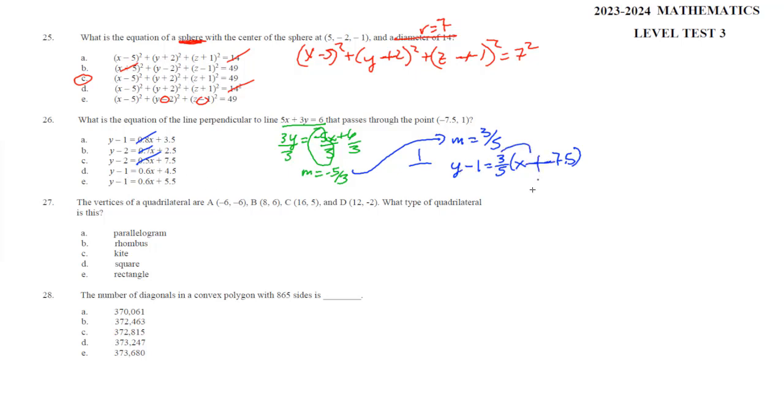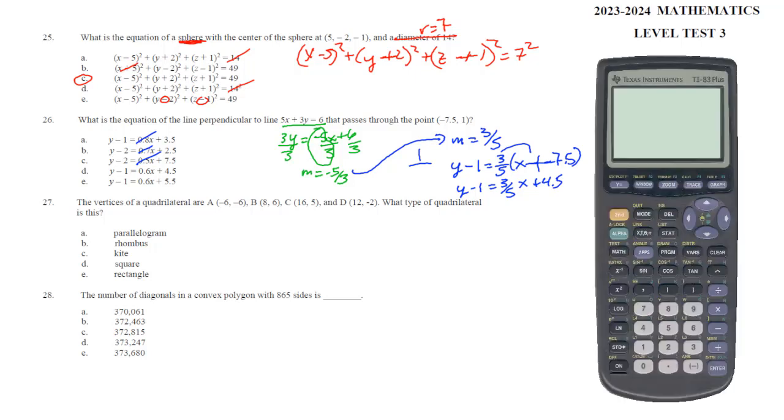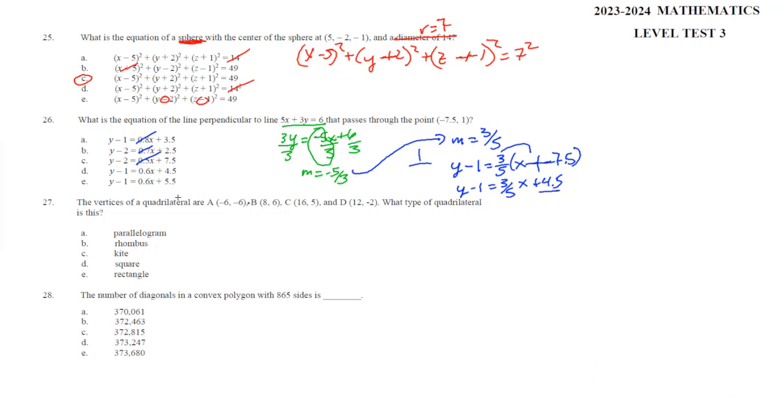So y minus 1 equals 3/5 x, or 0.6x, and we take 3/5 times 7.5. 0.6 times 7.5 turns out to be 4.5. Let's just double check that really quick. 3 divided by 5 times 7.5. Yeah, 4.5 right there. So 4.5 is the right one. D is the answer for number 26.